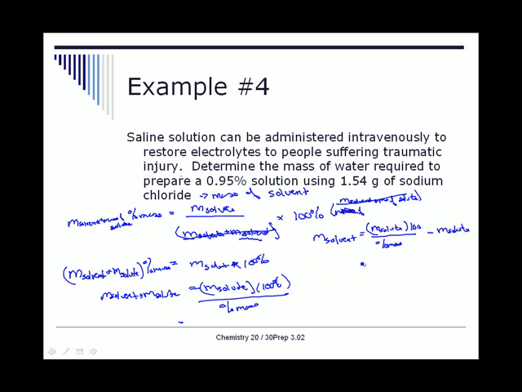And that will give us the mass of water we need to make this 0.95% solution. So the mass of our solute is 1.54 grams times 100% divided by 0.95% minus 1.54 grams.